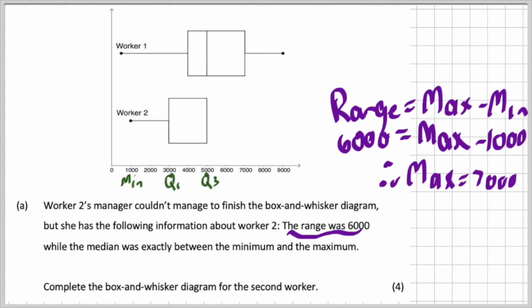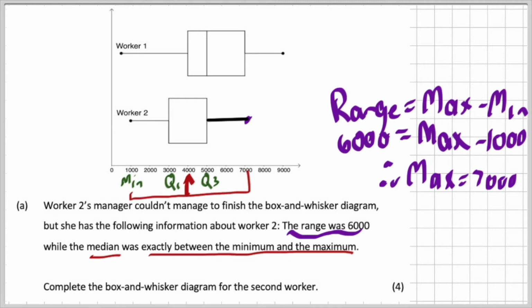Next up, let me first draw it in. Then I have to look at the median. Now they tell me the median is exactly in between my minimum and my maximum. I've got my maximum now as 7,000. So what number is exactly in between 1,000 and 7,000?